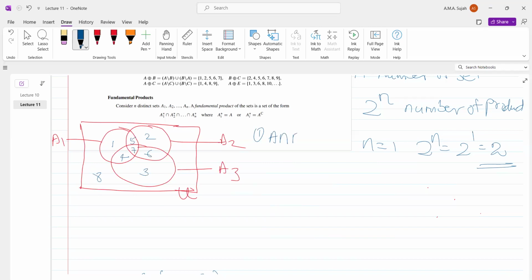Sorry, this is not AB, right? So A1, A2. So this is A1 intersection A2 complement intersection A3 complement. Can you find out this one?